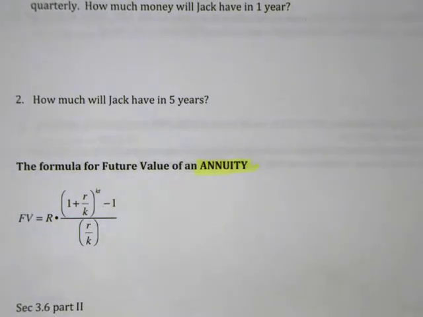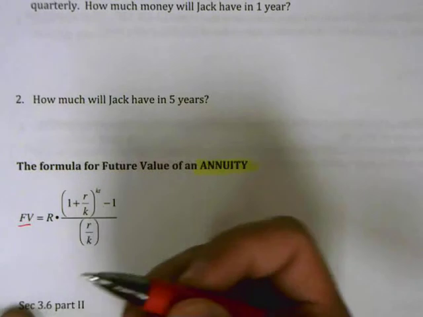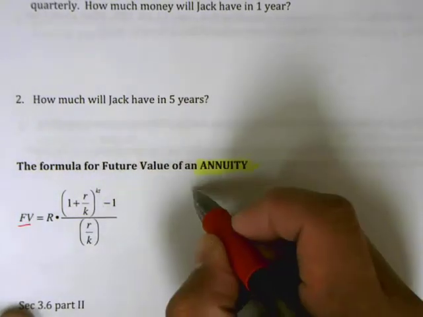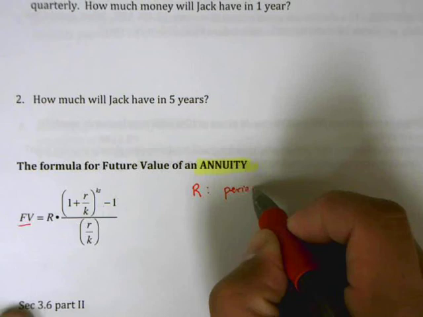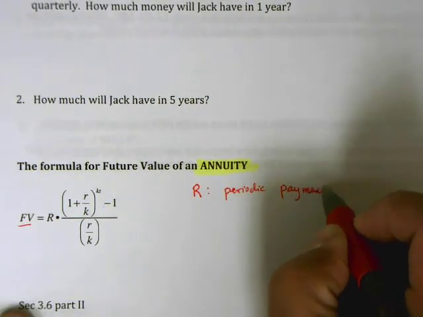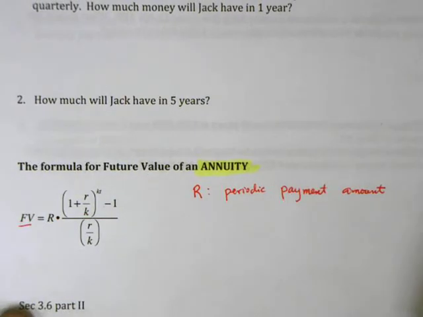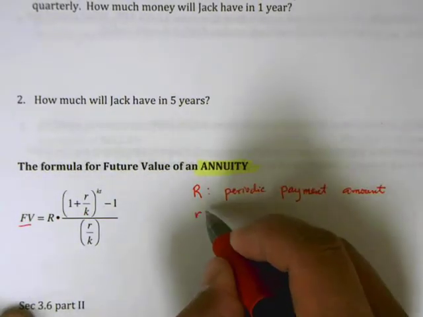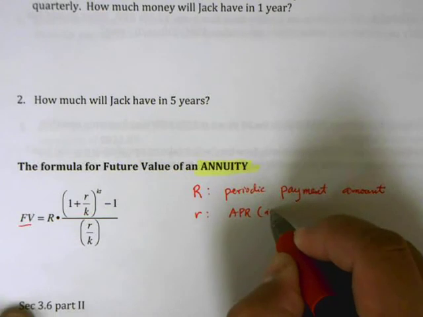All right, so this is the future value. FV here stands for the future value, which is how much money you are going to have. Big R is the periodic payment amount. Little r is the APR, or the interest rate.